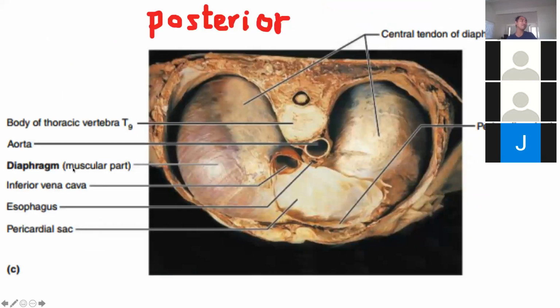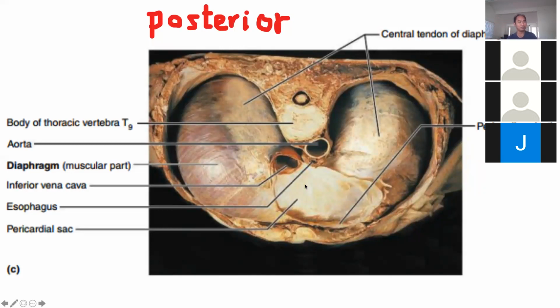And don't forget, the diaphragms are dome shaped. This is the right diaphragm, this is the left diaphragm, this is the space for the heart. We are looking from the top to the bottom. This is the posterior aspect because we can see the vertebral body. This is the sternum here, right dome of the diaphragm, left dome of the diaphragm. So one dome on the right, another dome on the left.